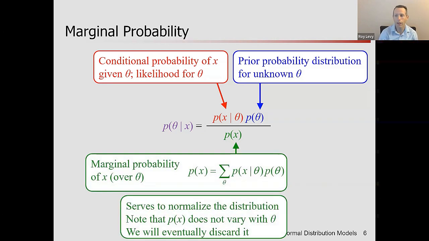Finishing out on the right-hand side, the term in the denominator is the marginal probability of the data, x, marginalizing over the parameter theta. If we have a discrete parameter space, it's a sum of basically all possible numerators. In a continuous space, as we'll see, it's an integral. This term is actually often not important for us.